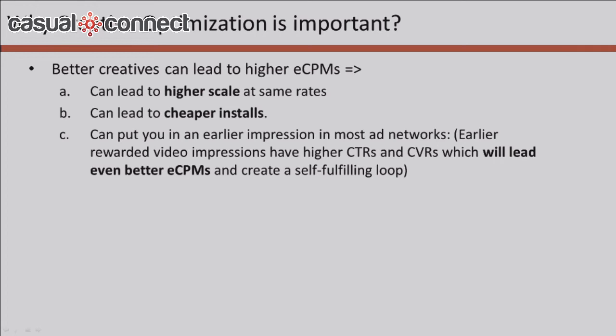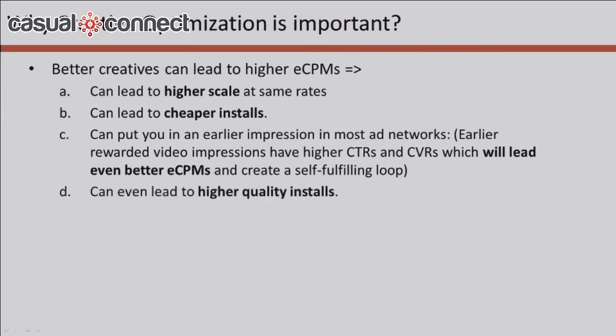And this creates a self-fulfilling loop. If you're the first ad to be served in that network, then you tend to have higher CTRs and CVRs. Ask your account managers: the CTR and CVR rates will tend to decrease with the number of impressions you're served in the ranking.